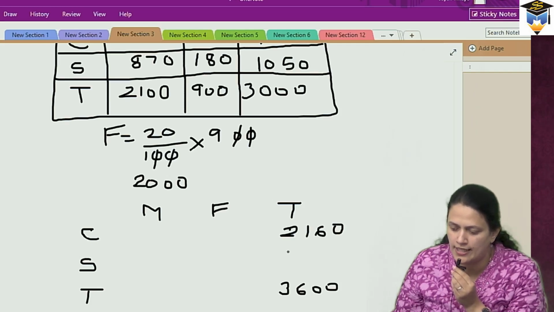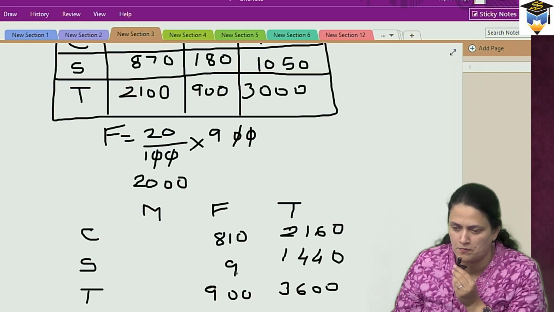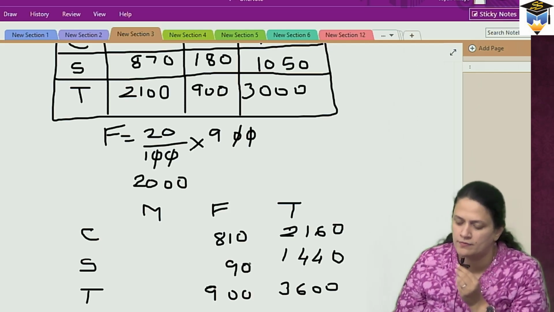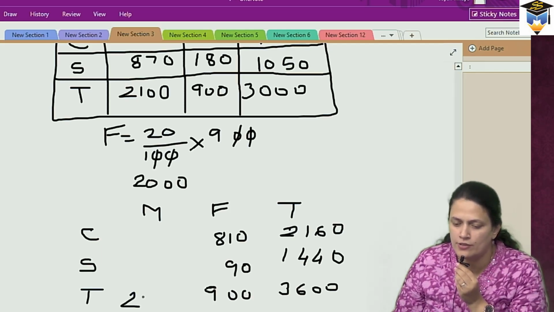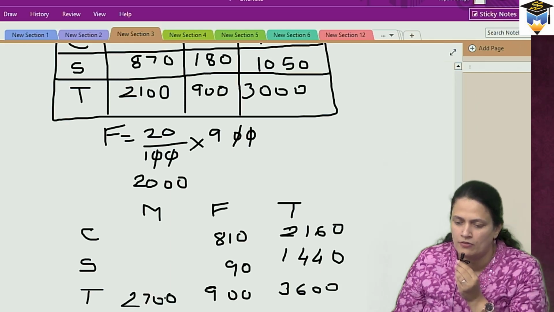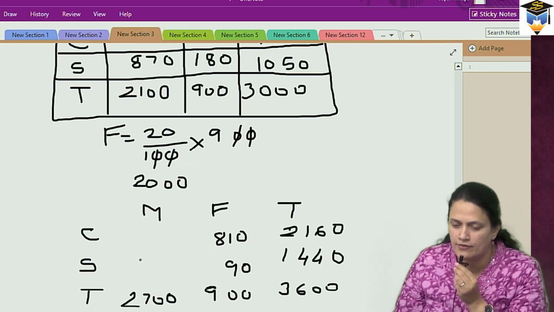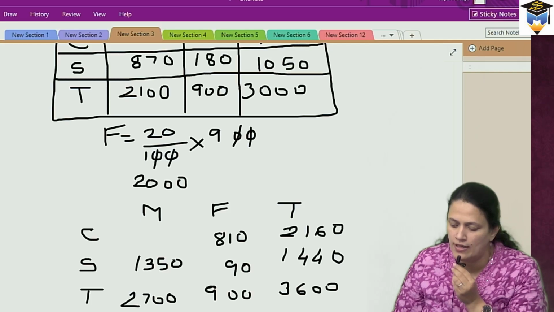If you don't understand anything, ask. So 3600 minus 900 gives us 2700. 1440 minus 90 gives us 1350. And 2160 minus 810 again 1350.